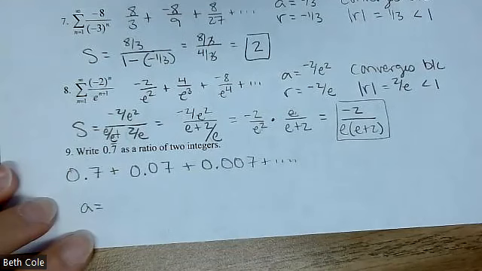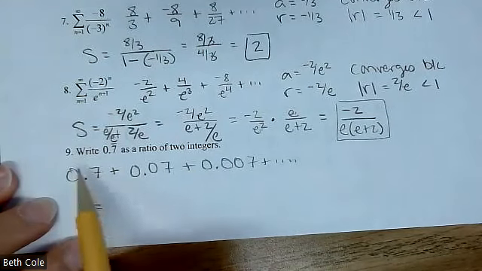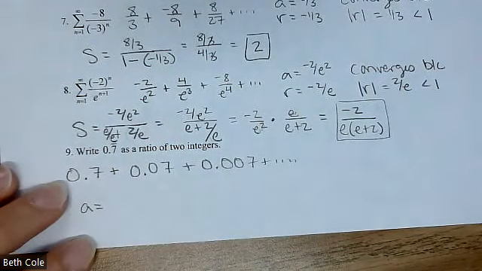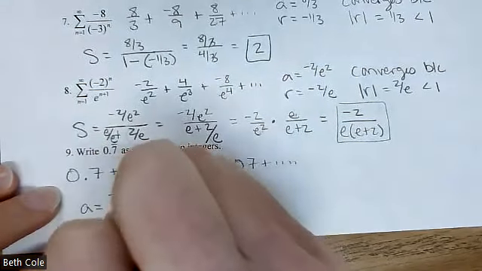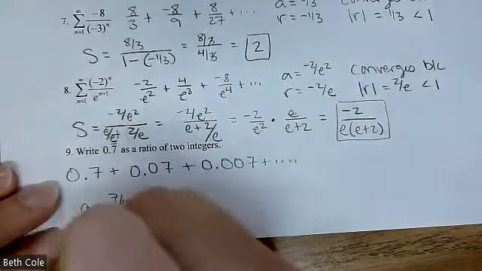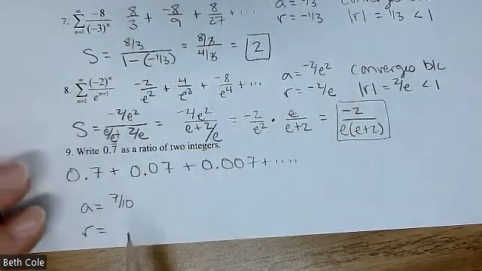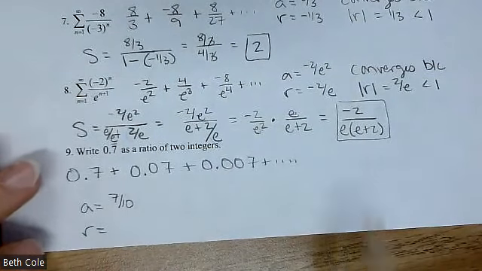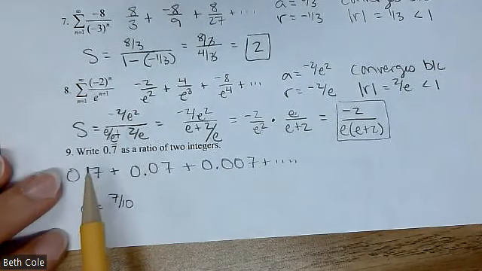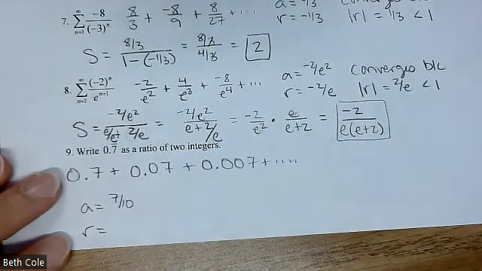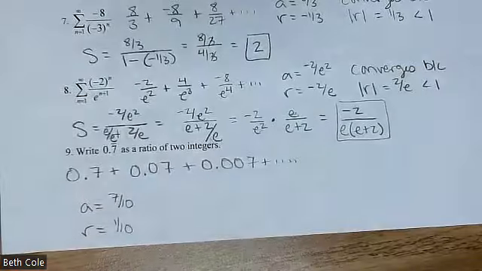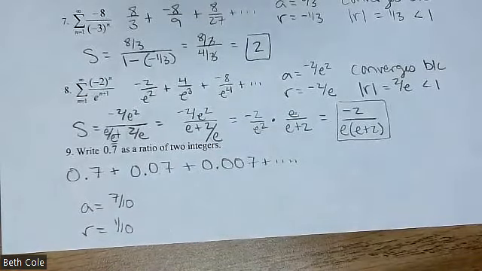What is a in that series? 0.7. Now I am going to write it as a fraction so I can get some things to cancel. Do you know what 0.7 is in fraction form? Oh, good. Okay, cool. I didn't have to fight for that one. All right, 7/10. R is what you're multiplying by each time to generate the pattern. Since we just keep on moving the decimal point out one, what are you multiplying by to get from here to here and from here to here? 1/10. Good. 1/10 is smaller than 1.